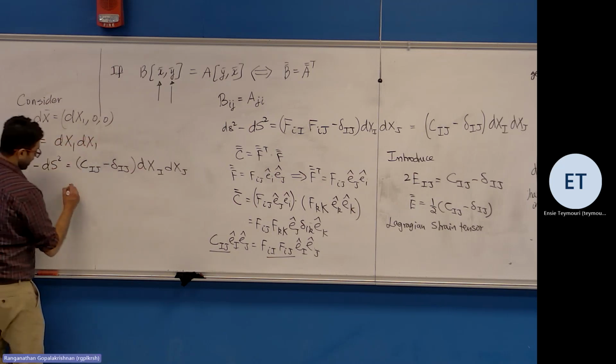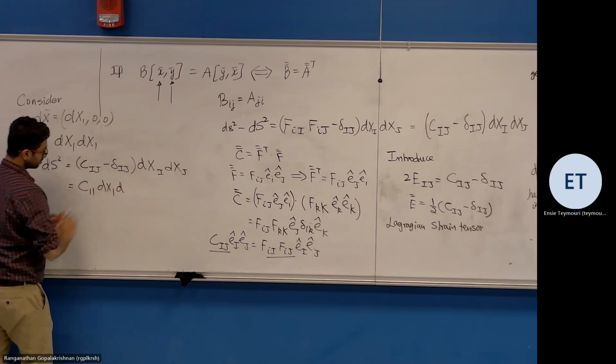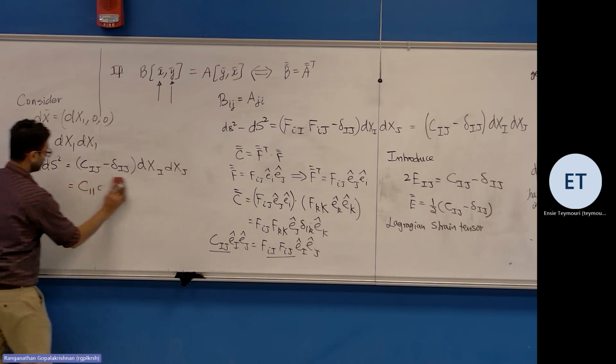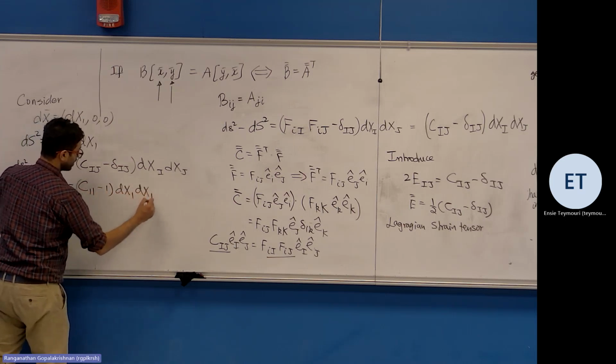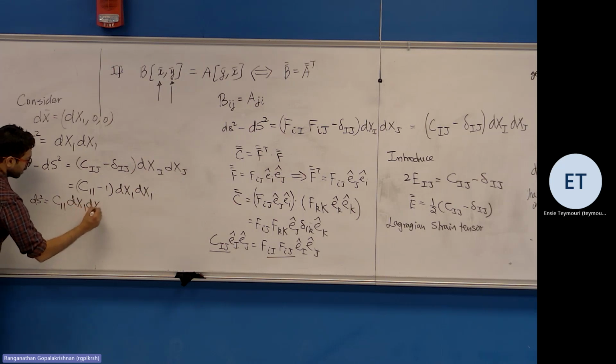So this is basically like writing (C11 minus 1) dx1 dx1. You can simply write ds squared equal to C11 dx1 dx1.